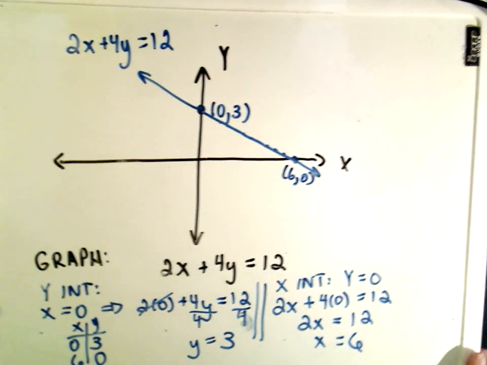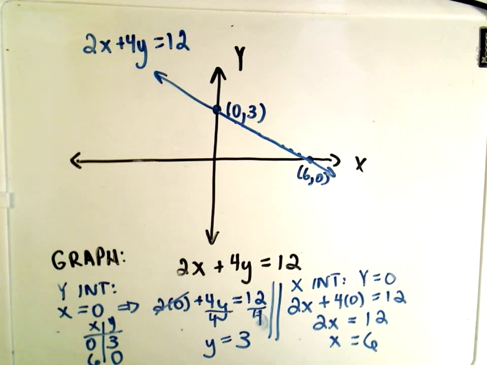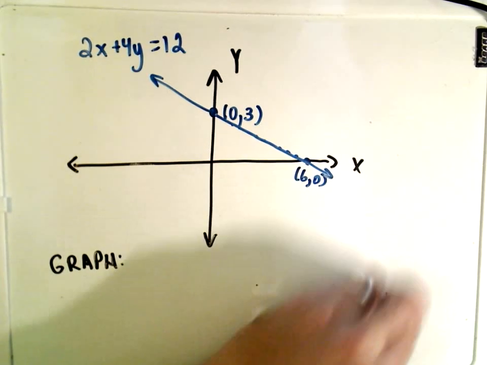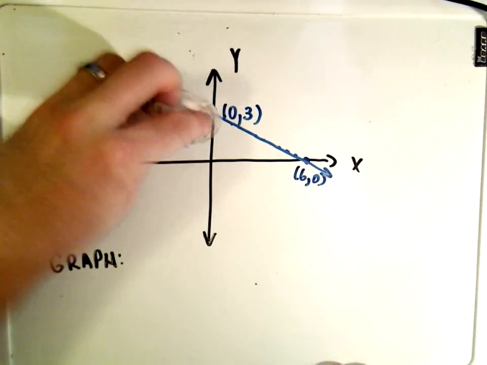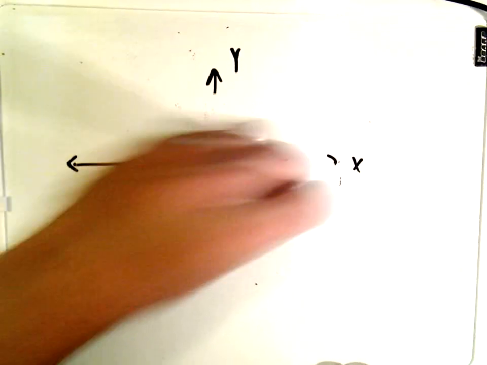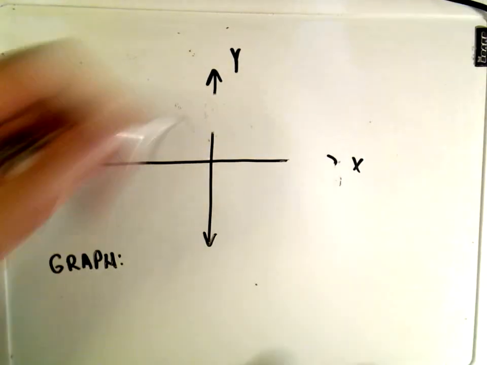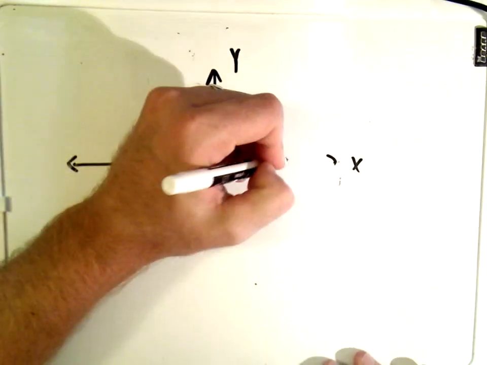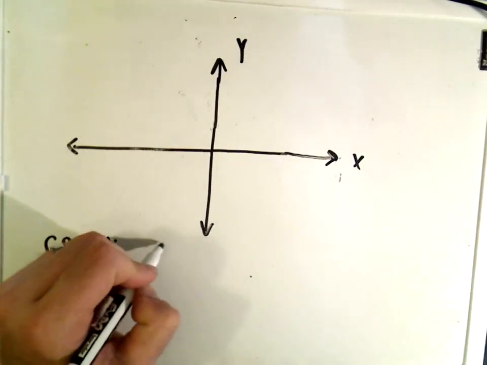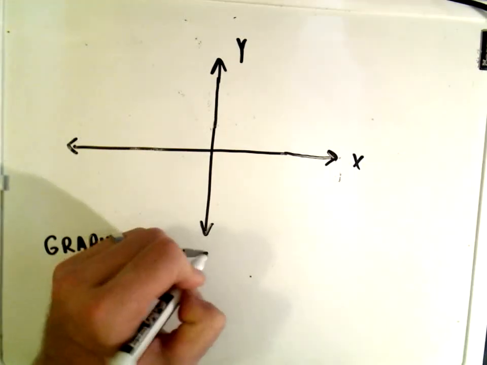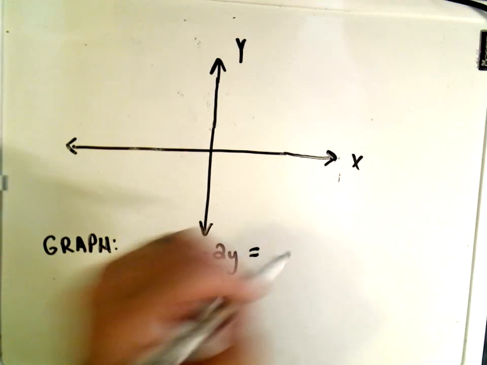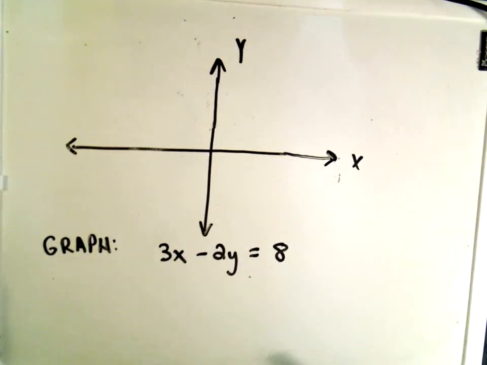Okay, maybe we can do one more real quick, and I'll go through it a touch faster. Let's graph 3x minus 2y equals 8.